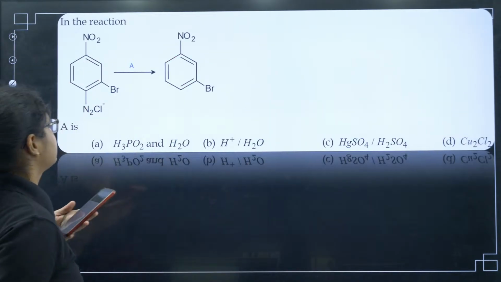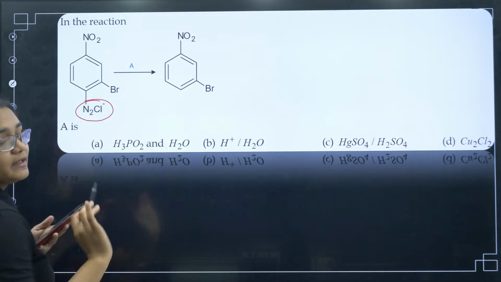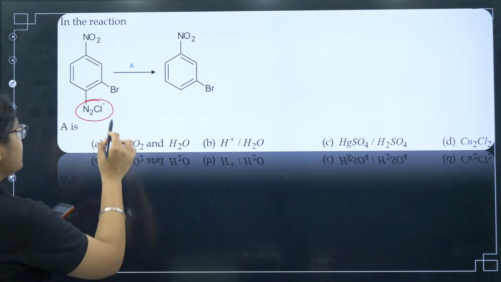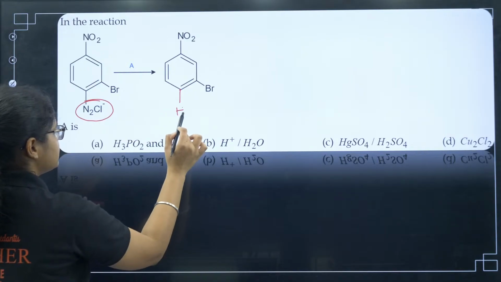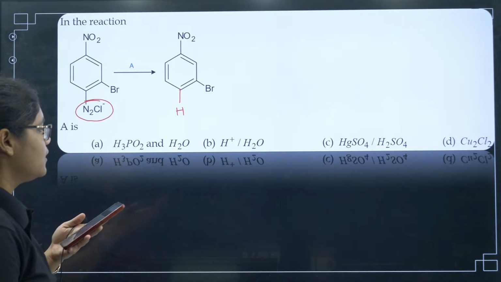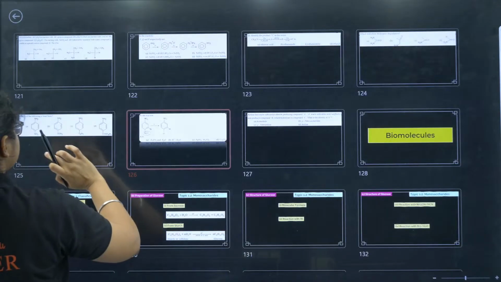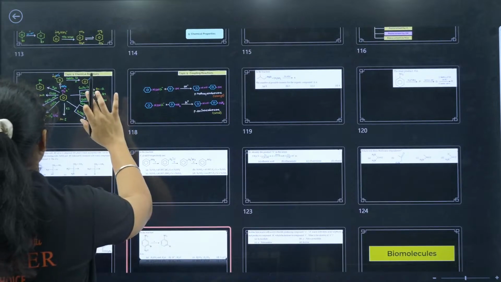Next question, N2+ Cl- is there. I am removing that N2+ and Cl-, means you are converting this N2+ Cl- with H. So what is the reagent required for that? Yes, I will just show you these reactions once.